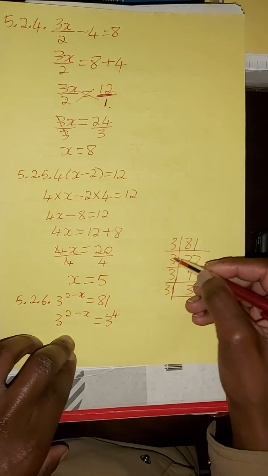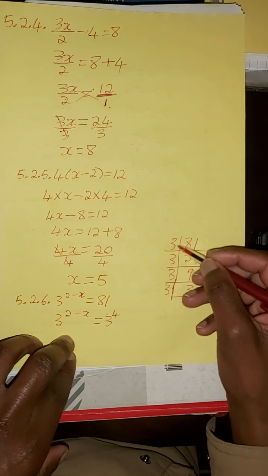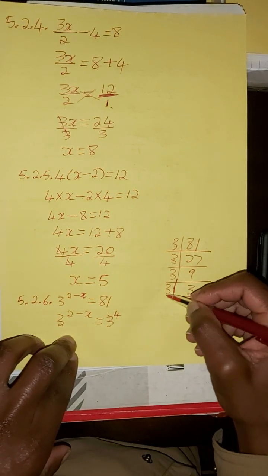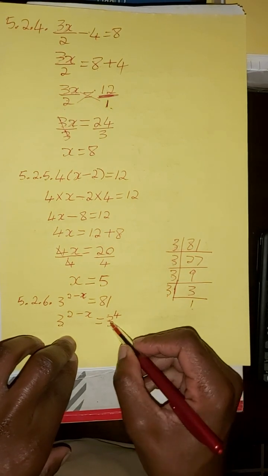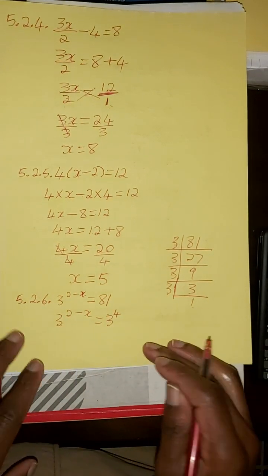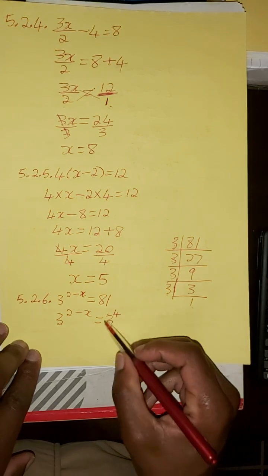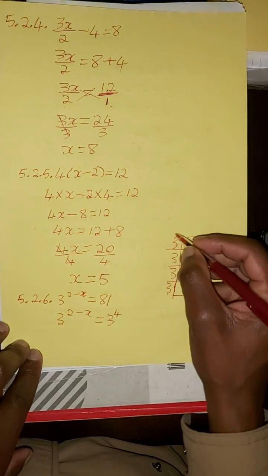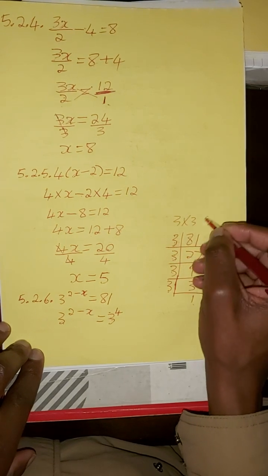Now you are done. Simply multiply these numbers together, and you see how many 3's you have here. 1, 2, 3, 4. So your answer is 3 to the power of 4 for this. That's how you get this 3 to the power of 4, because of multiplying these numbers together.